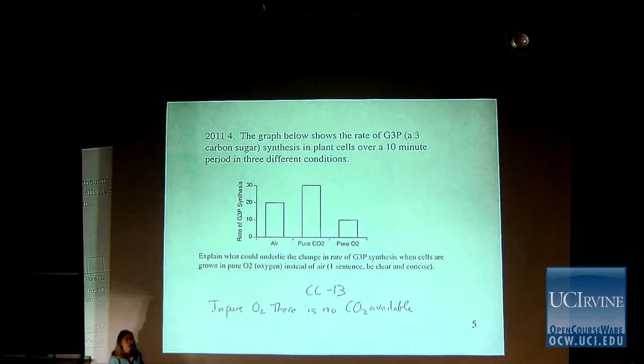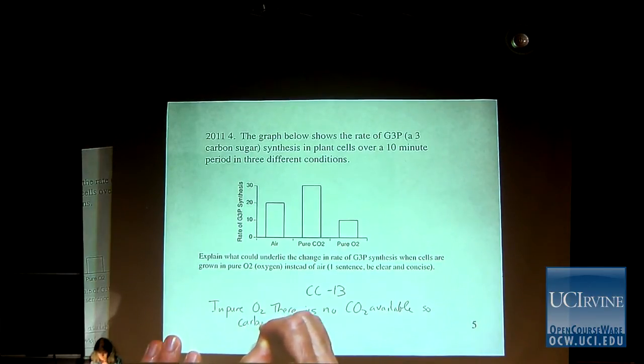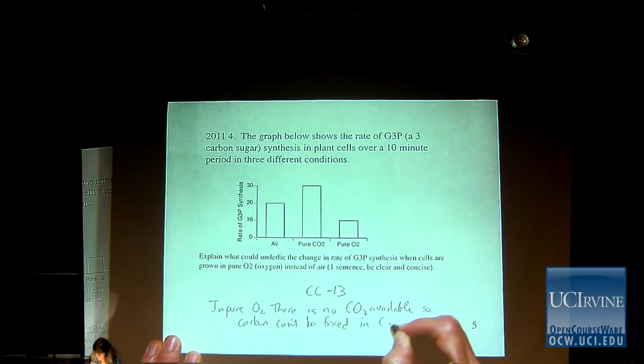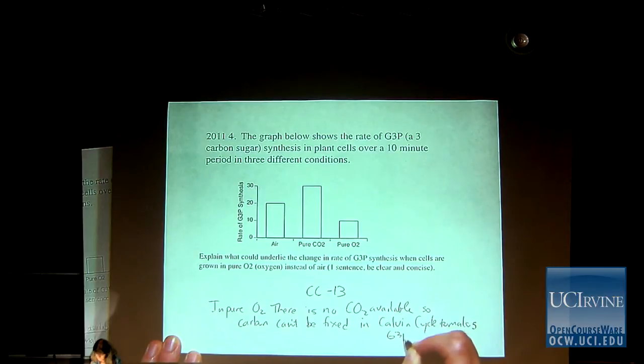And where do we need the CO2? In the Calvin cycle, yeah. So saying you need it in photosynthesis is okay, but really we're asking you to be as clear and specific as possible. So it would be no CO2 is available, so carbon can't be fixed in the Calvin cycle to make G3P.